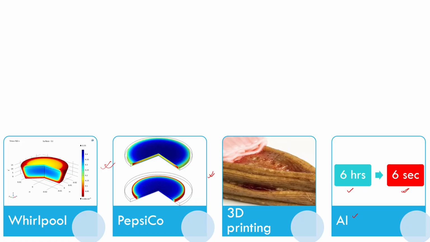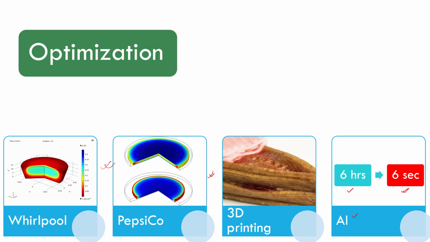So that is another way that digital food physics and modeling would be useful. So all these you can put in the general category of optimization.